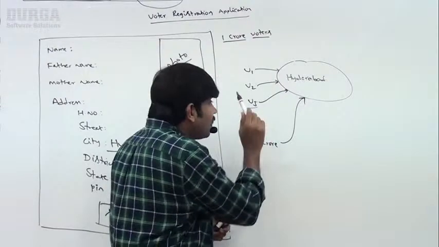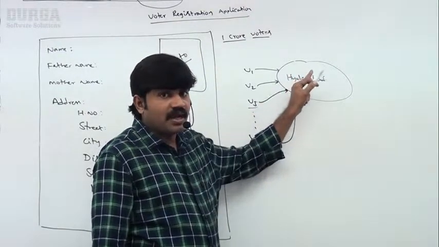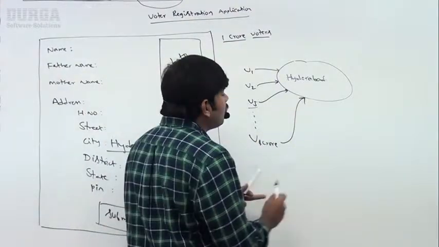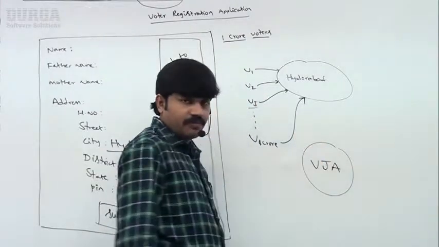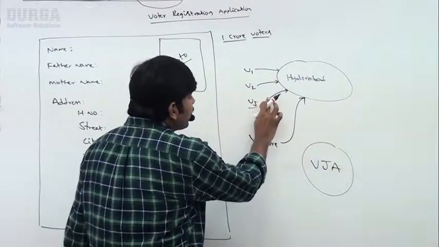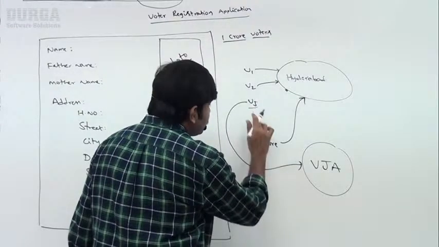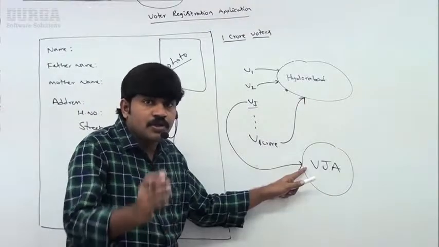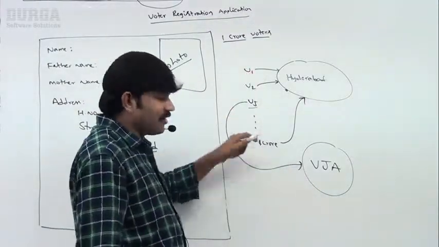If any person, the V3 person, tries to change the content from Hyderabad to Vijayawada, now a new object, Vijayawada, will be created. Only this particular V3 is going to refer to this new object, so that there is no effect on the remaining references.